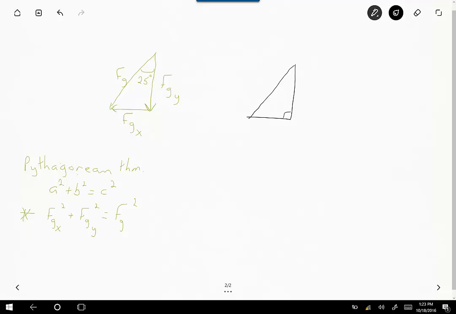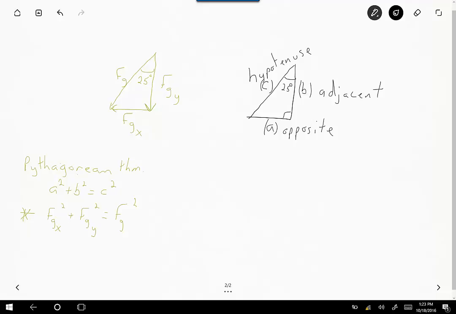This is side A, this is side B, this is side C. I could also say that this is the hypotenuse. Looking at this angle, the 25 degrees that I know, side B is the adjacent, and side A here is the opposite.